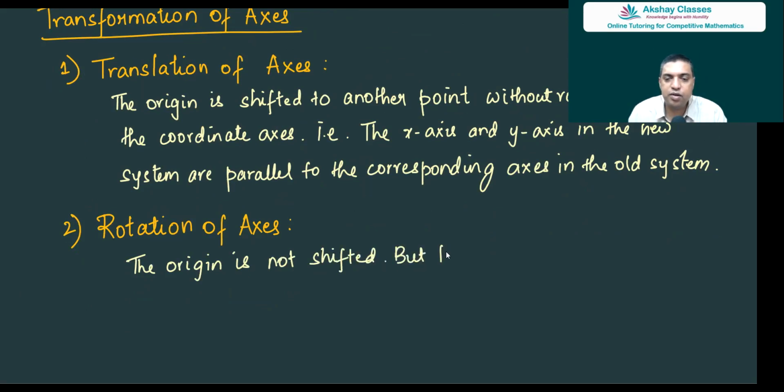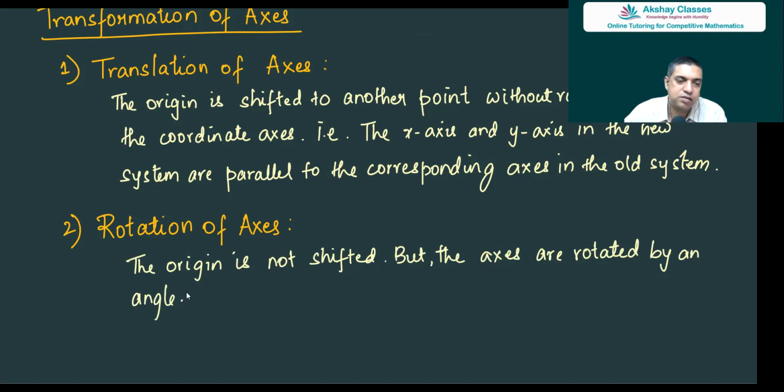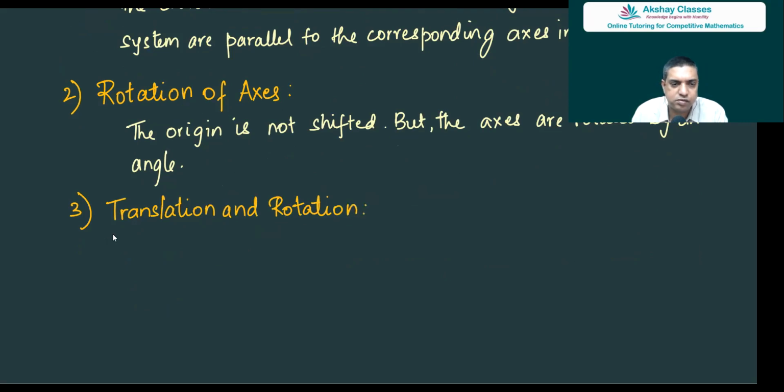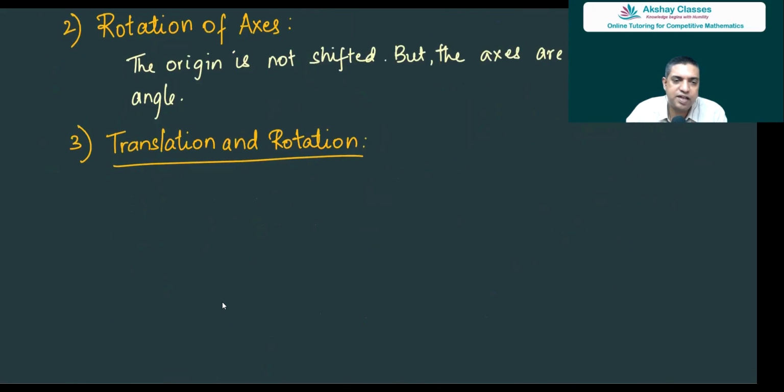But the coordinate axes are rotated by an angle. And the third type of transformation is both translation and rotation. So there are three kinds of transformation of axis.